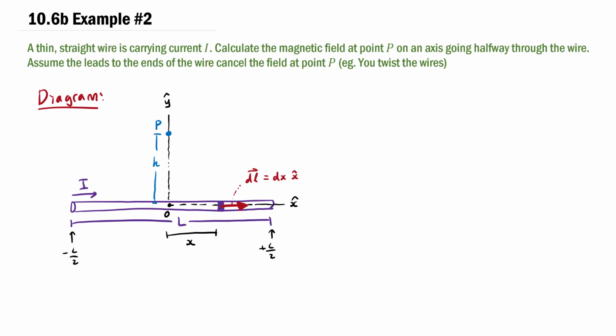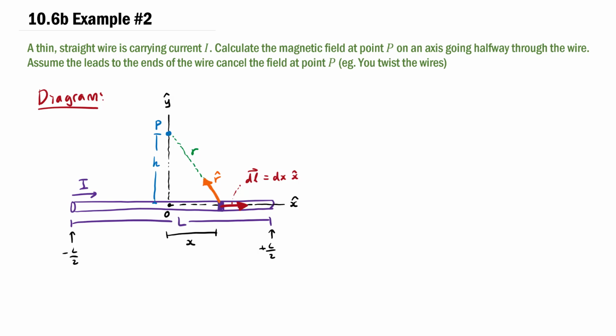And at this point, we're probably going to have to draw a direct line from P to that small wire element. And we're going to call this a distance of r. And we're going to say that we have a unit vector r over here as well.